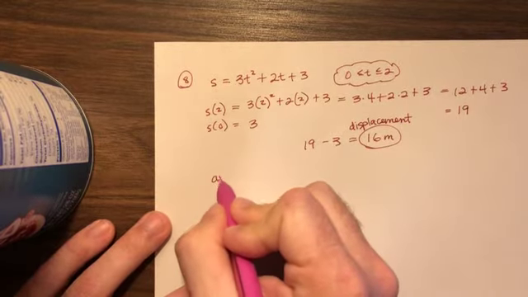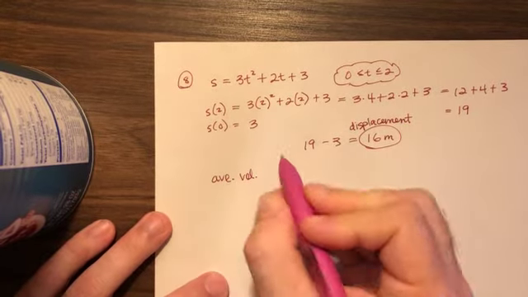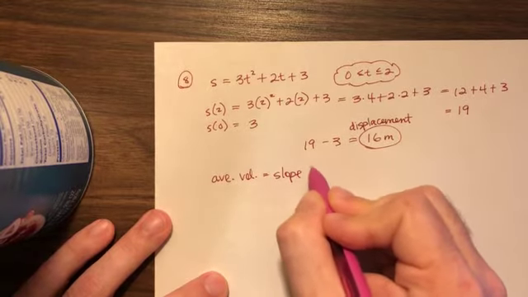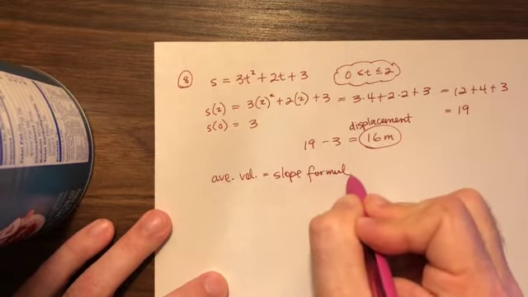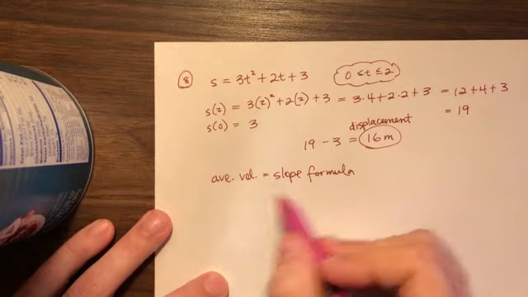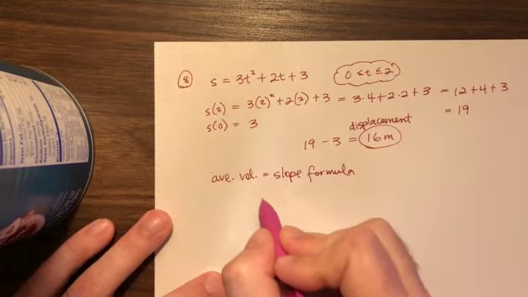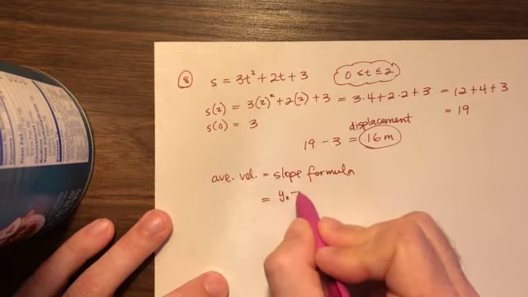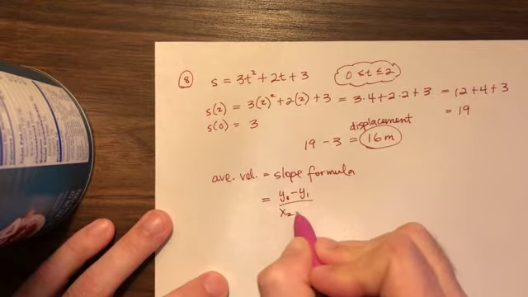Now, average velocity, if you remember, hopefully you remember, is slope formula. You know, the y2 minus y1 over x2 minus x1. So for us, let me just write y2 minus y1 over x2 minus x1.